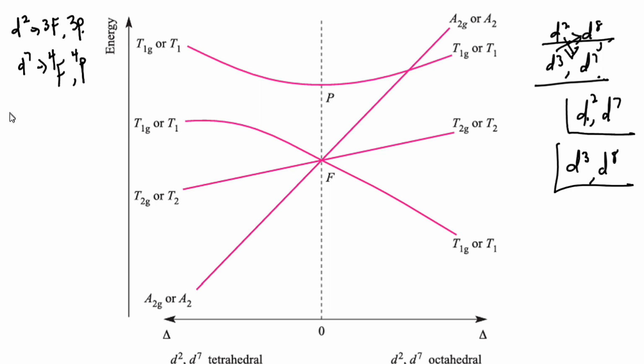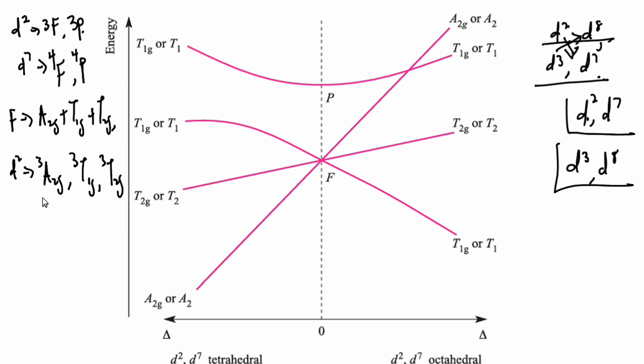Recall also that we said F orbital splits to A2g, T1g, and T2g. So for D2, we can therefore say that it splits to 3A2g, 3T1g, and 3T2g.